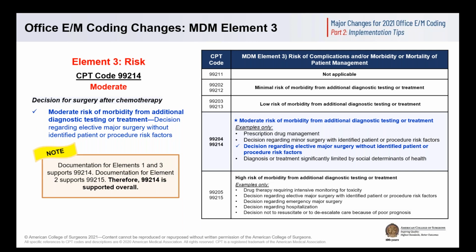But for the oncologist who sees her, it might be at a level 5 because they're talking about the dangers of a very aggressive chemotherapy regimen and her highly morbid disease. So you have met 2 elements of 214. Therefore, even though your data elements was a 215, you reached the criteria for 214.